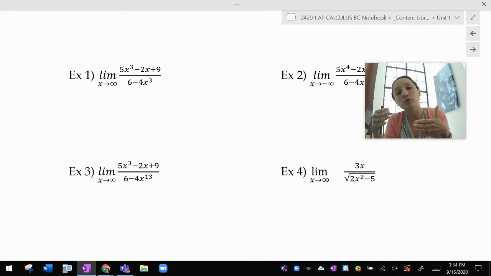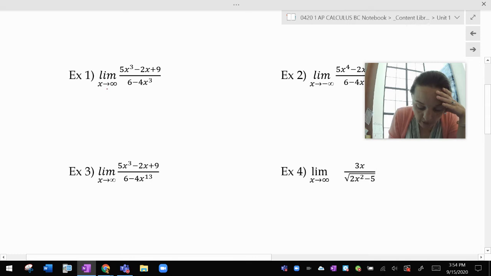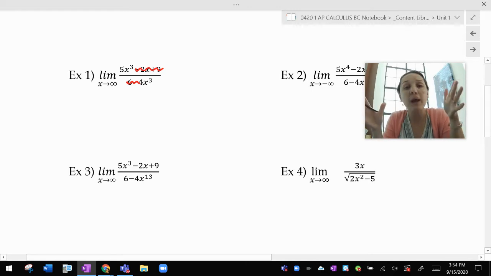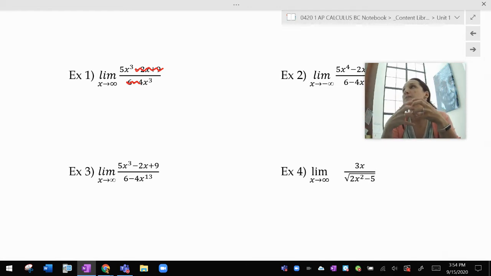So as x approaches infinity, what we really do is we look at this and say, you know what? As x approaches infinity, these things don't even matter. Nothing matters but the highest powered term, or the highest influential piece of the numerator and the denominator. So you can ignore the rest because it's like spitting in the ocean.